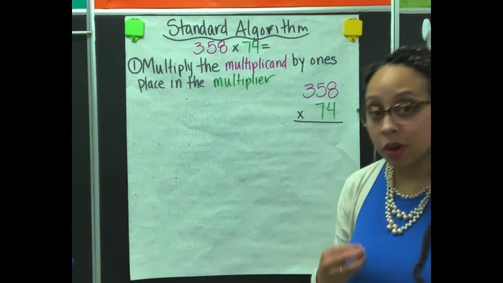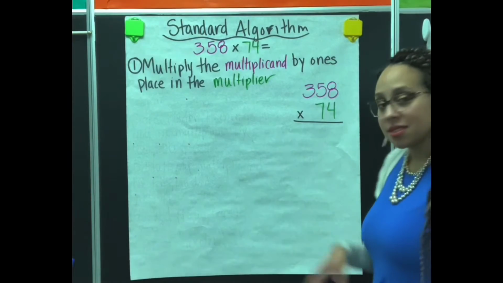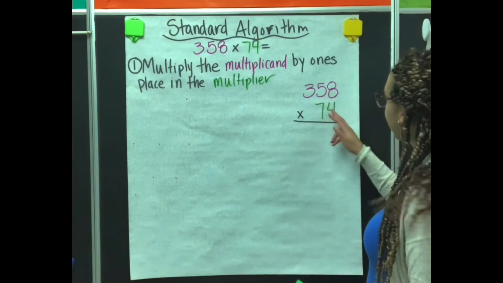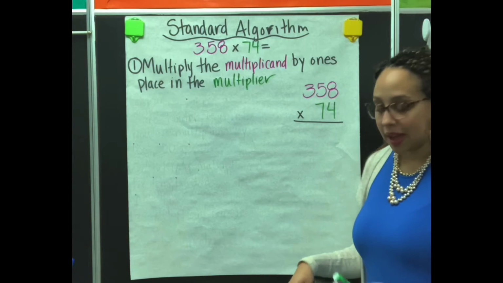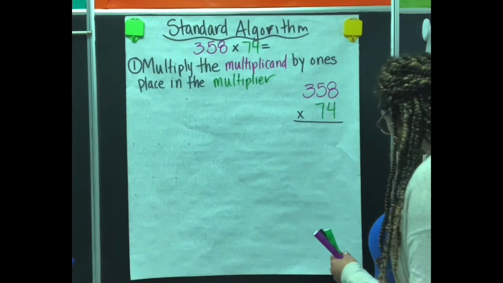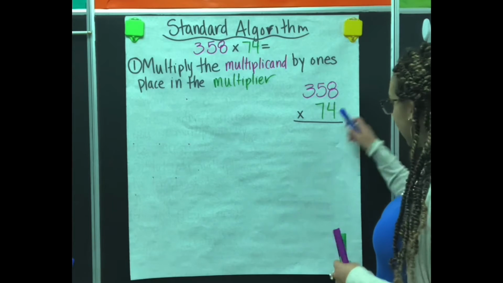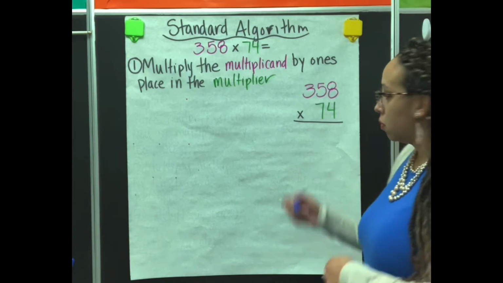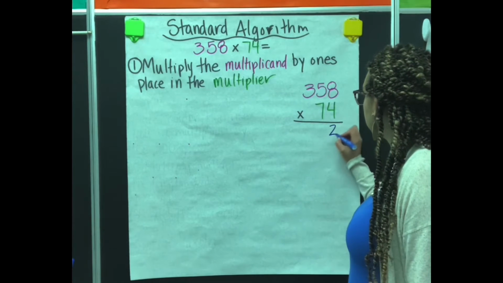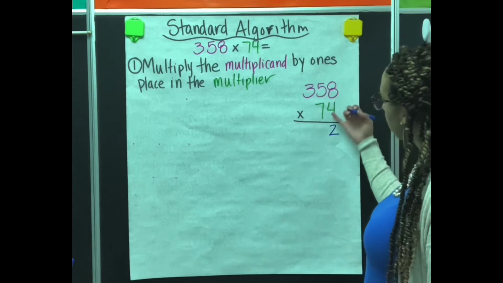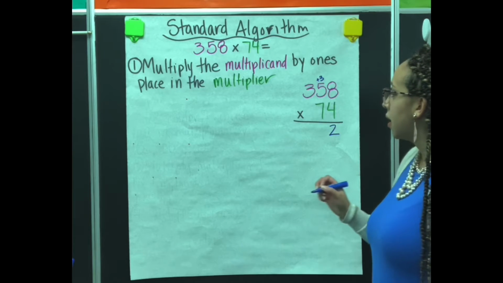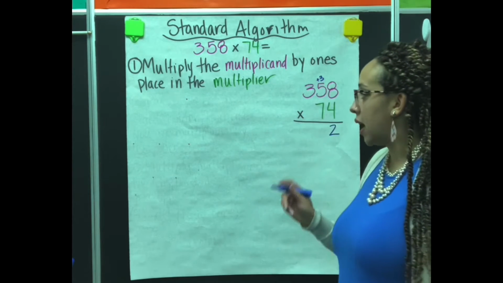So we're taking the 4 and we're multiplying it by 8. Then we're going to multiply it by 50, really, and then we're going to multiply it by 300. Okay? So we go 8 times 4 is 32. We put the 2 down and we carry the 3 because it's a 10 over here. And then we go 4 times 5.